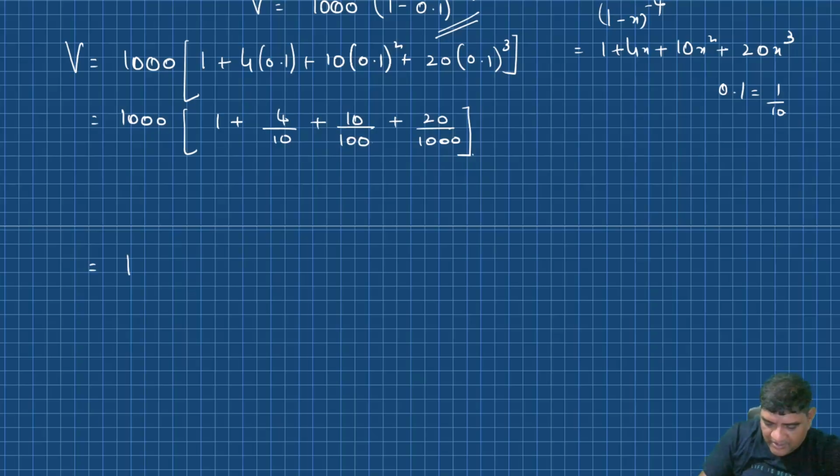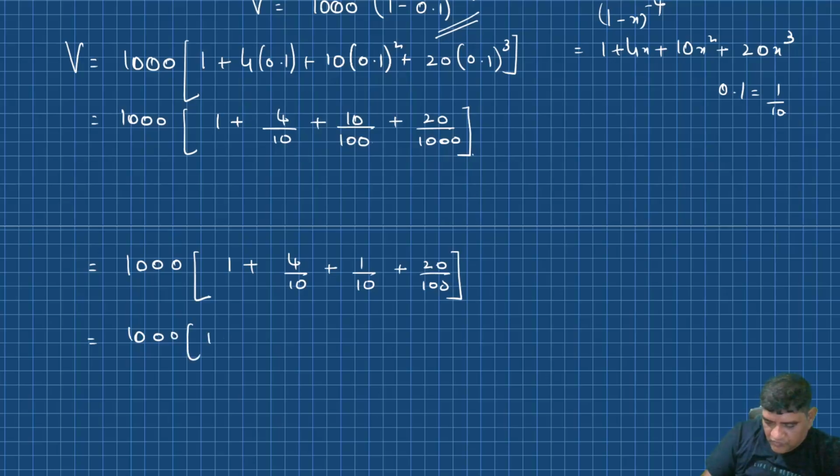So what is this going to be? 1000 multiplied with 1 plus 4 divided by 10 plus 1 divided by 10 plus, this is not going to be 20, this is going to be 2 divided by 100.